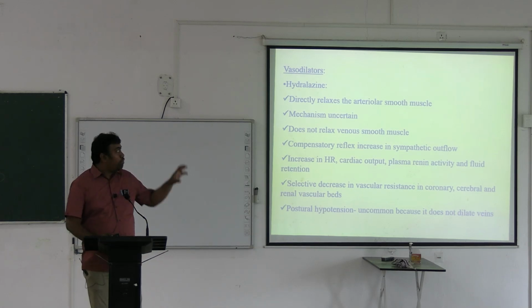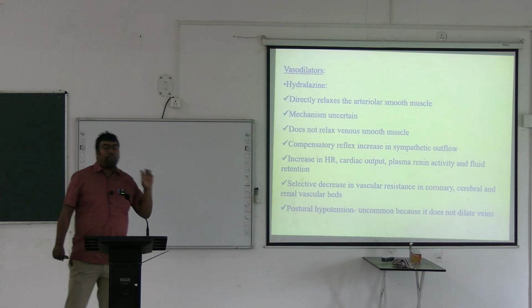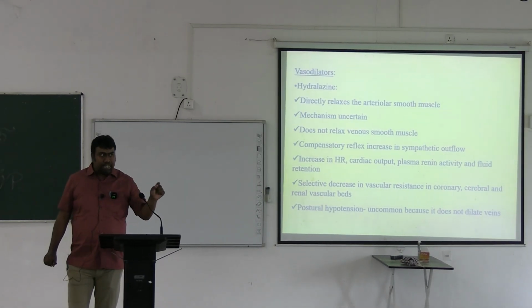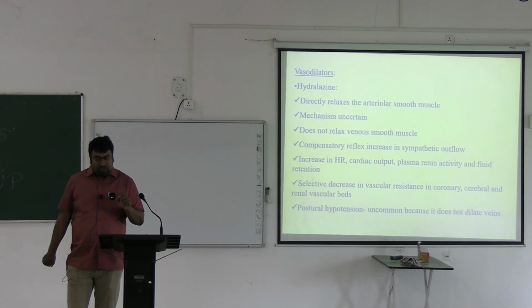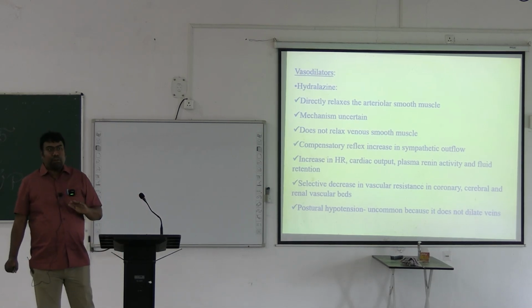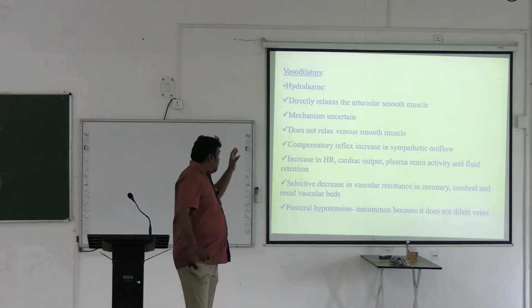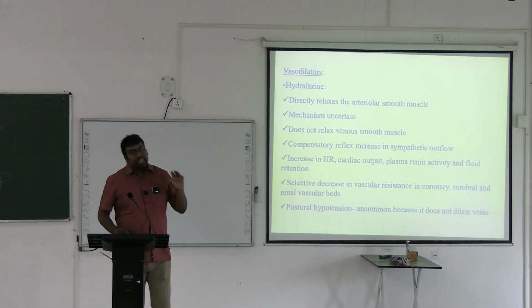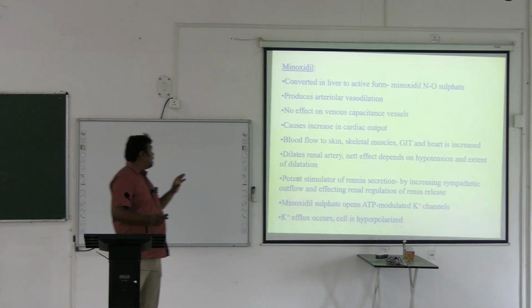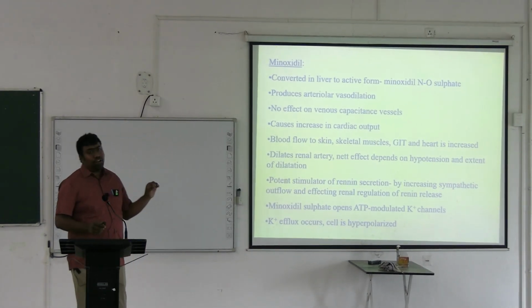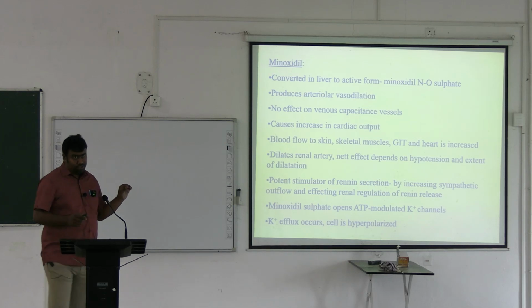সুতরাং if we have to give a primarily arteriolar dilator and the patient has a history of ischemia, we have to give a beta blocker along with it. Why? Hydralazine primarily dilates arterioles. Similarly, minoxidil also dilates the arterioles.